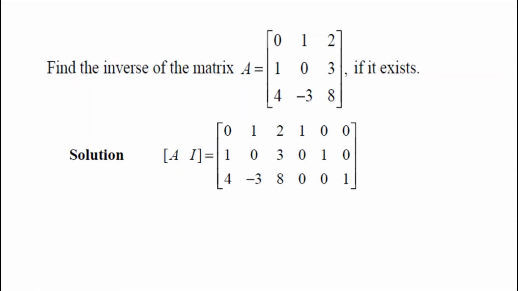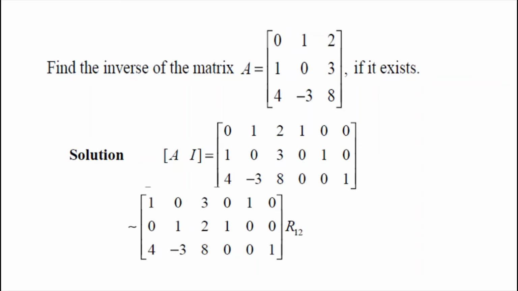Definitely then the right side, the identity matrix, will change its entries. First we want to bring 1 as the first entry of the first column and first row. We will interchange row 1 and 2.